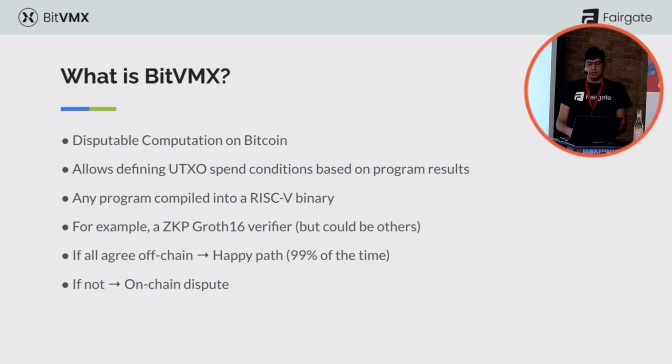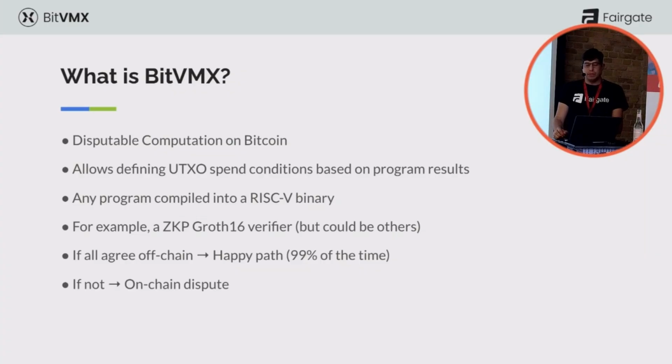Two parties agree on a program that will be run by BitBMX, and the result will define where the locked funds will be sent. This is all done by BitBMX protocols, which are a graph of Bitcoin transactions that sets the logic on how it will operate and manage the result of the computation being done.